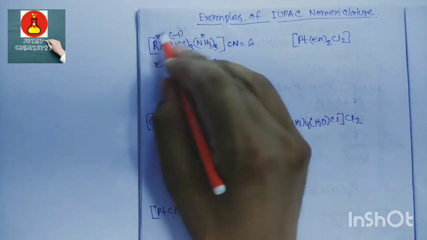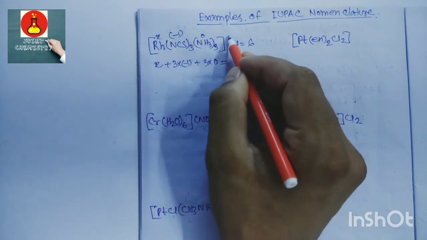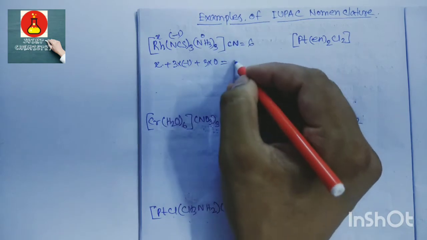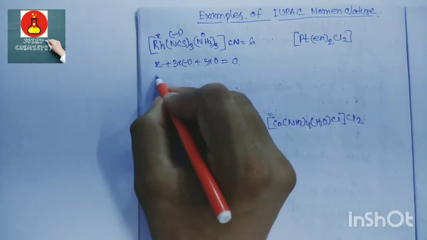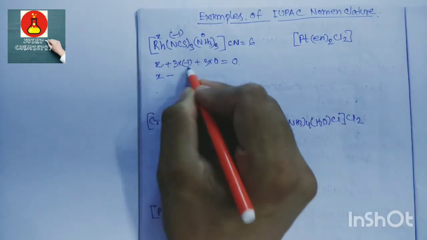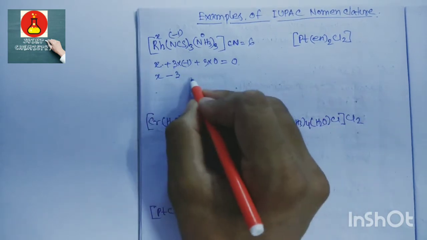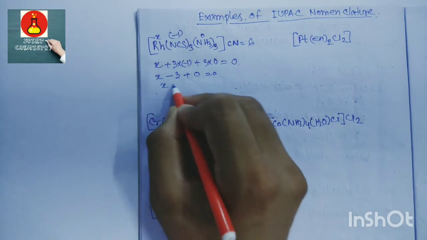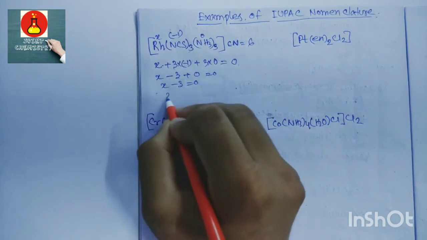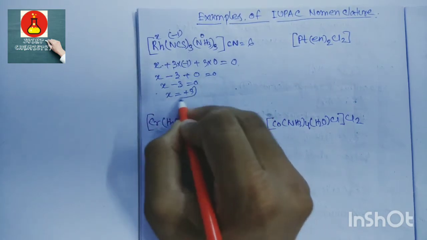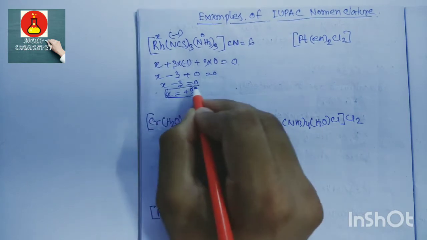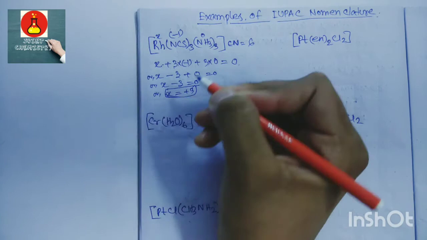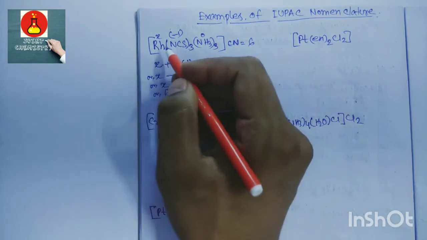This is equal to the charge of the complex, which is a neutral complex, so there is no charge outside of this complex, so it is 0. So X plus 3 into -1 is -3, plus 3 into 0 is 0, equal to 0. So X minus 3 is equal to 0, so X is equal to plus 3, right? So the charge of the rhodium is 3.